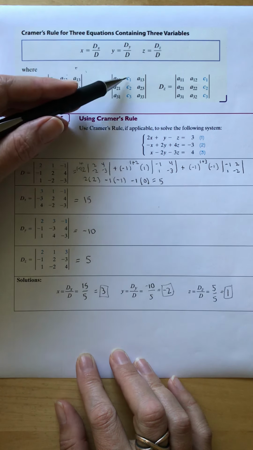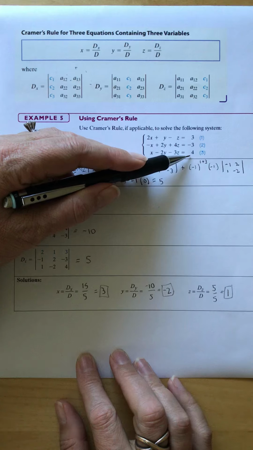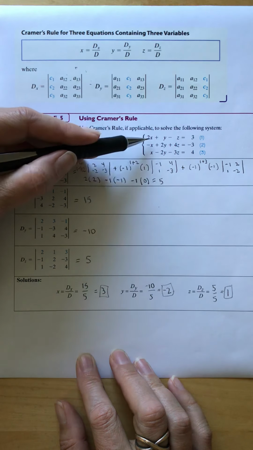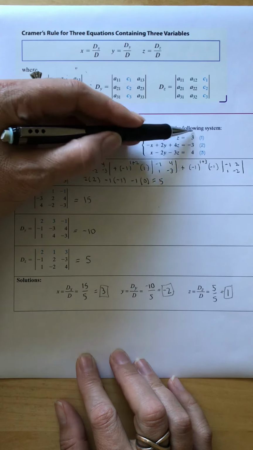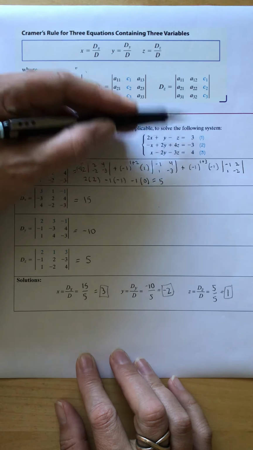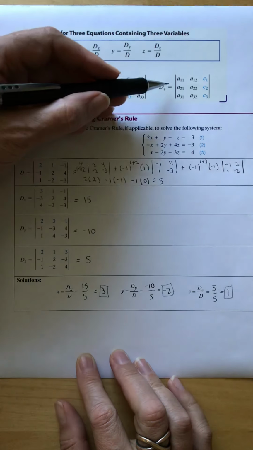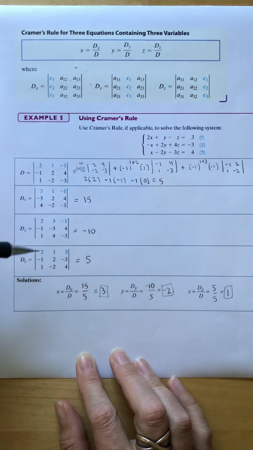And for the Dy, the y's get replaced with the answers, and then these are the remaining coefficients. And for Dz, the z's get replaced with these end answers, and the rest of the matrix is these guys.